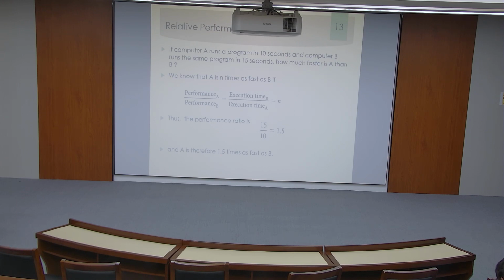We needed to know how many times a system A is faster than a system B. We take execution time for the system B divided by execution time for the system A.